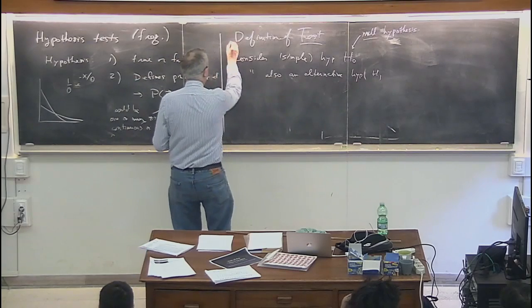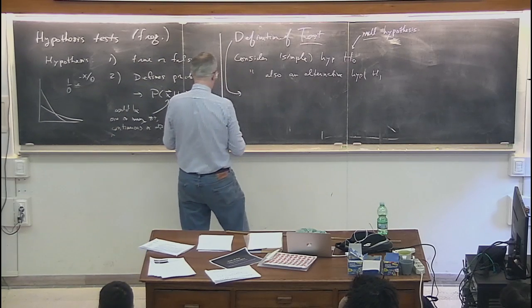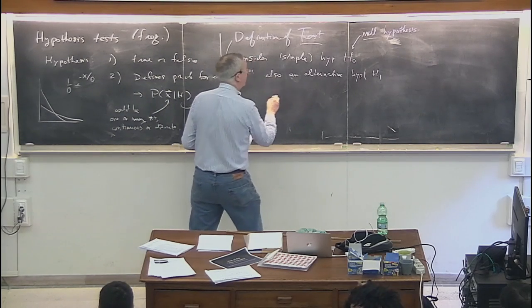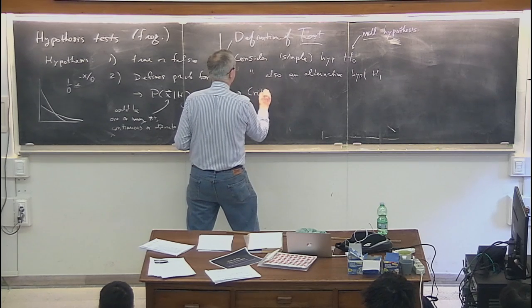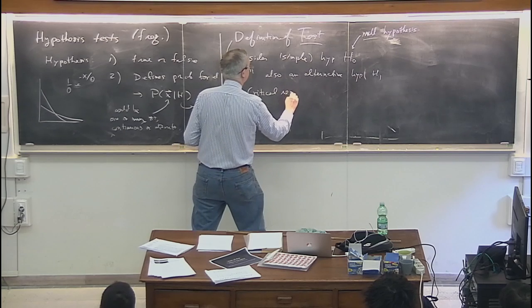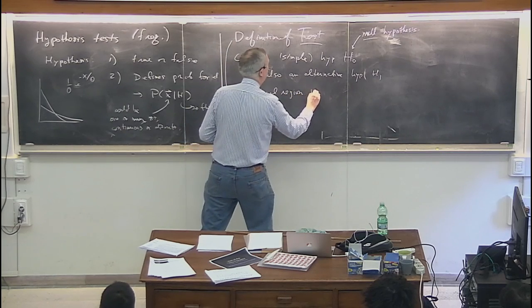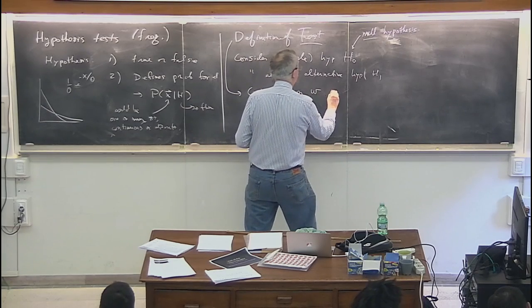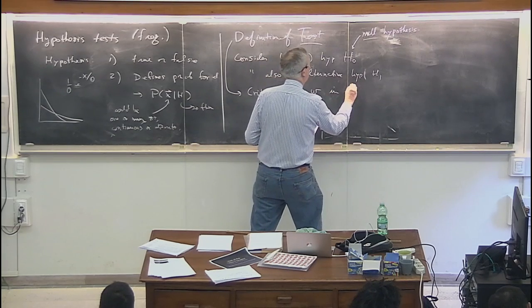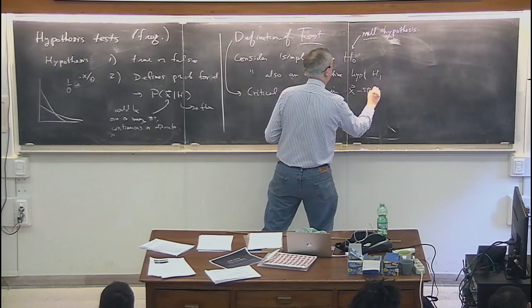But I'm going to define the test now by defining a region of the data space called the critical region. I'll use a W. And this is in the data space, so X space.